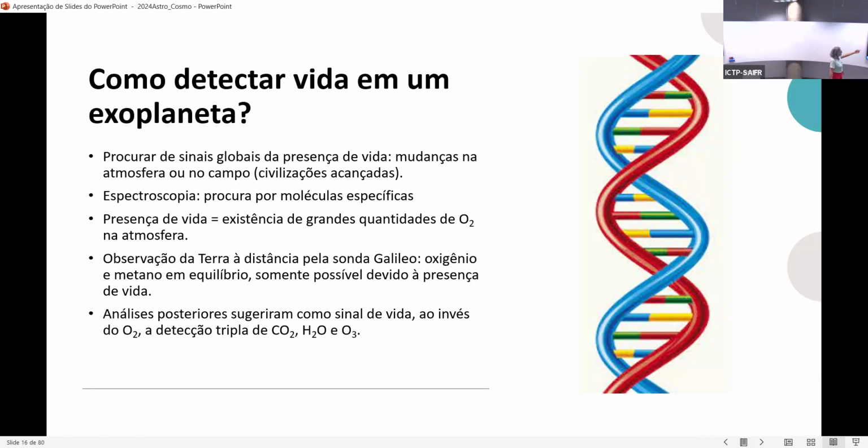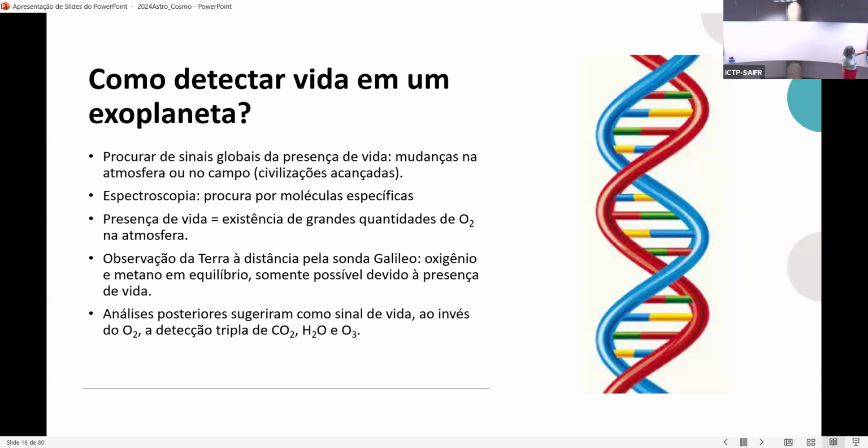And basically what we're looking for is large quantities of oxygen. Okay, oxygen is all over the universe, I mean, in the galaxy. But a large amount like on Earth, about 20% of our atmosphere, was produced by life. So that's one thing that we can look for.